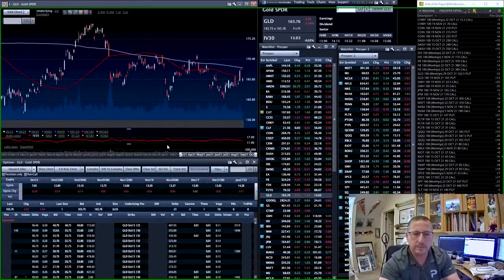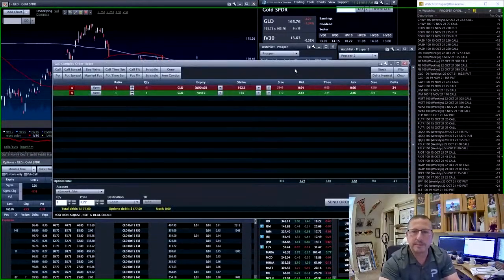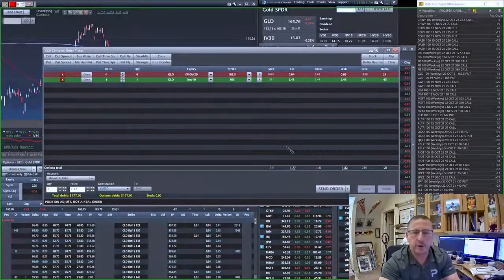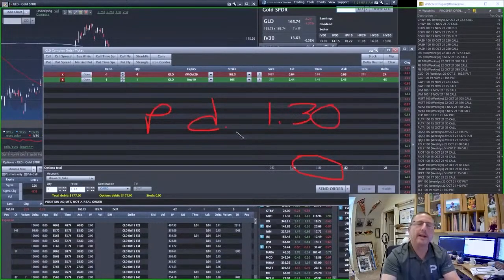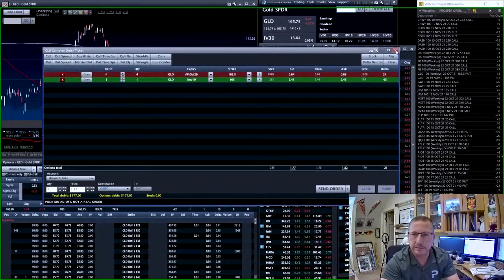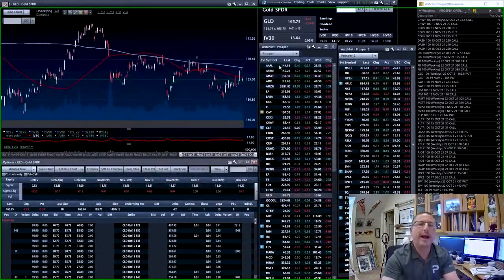We bought this spread yesterday for $1.30. It is now trading at $1.80. We are going to get ready to take some partial profits and look for a further decline in GLD. But that's what wraps up and explains what a diagonal spread is.